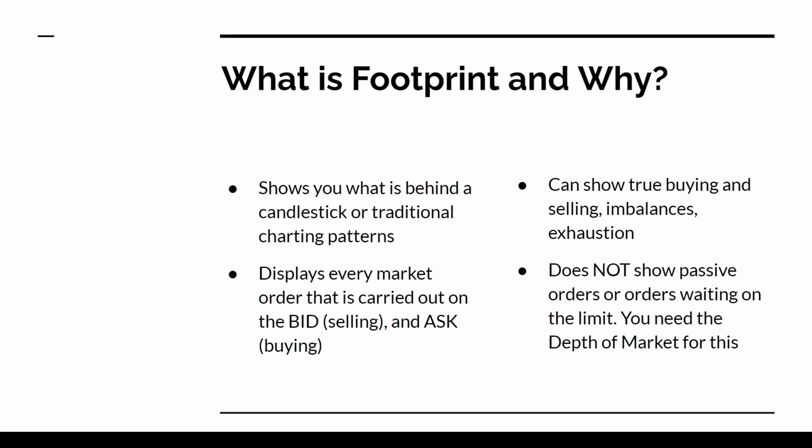But one of the limitations of footprint is that it doesn't show the passive orders, or orders that are waiting on the limit. You need to incorporate the DOM, or the depth of market, in order to factor that in. We're going to cover that at the end, but footprint is essentially only showing market orders, and it gives you a deeper dive than what just a traditional candlestick or chart pattern would show you.